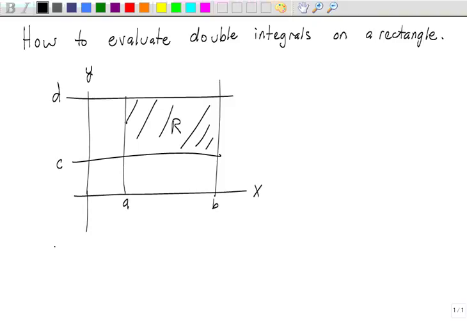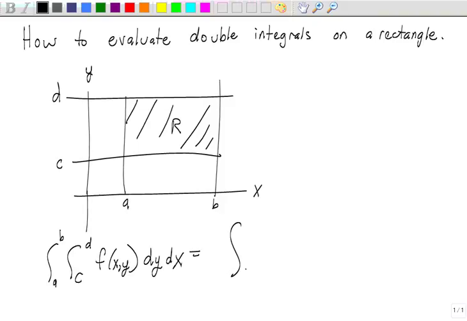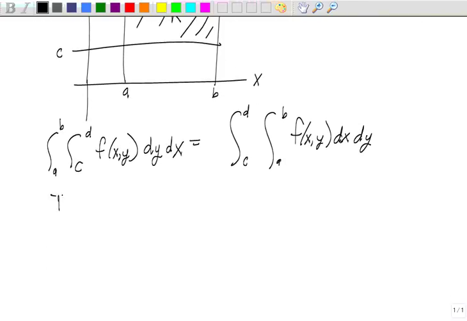Now, if we integrate, we can integrate from C to D, A to B, and that's going to be the same as integrating from C to D, A to B in the other order, if f is continuous on the rectangle.